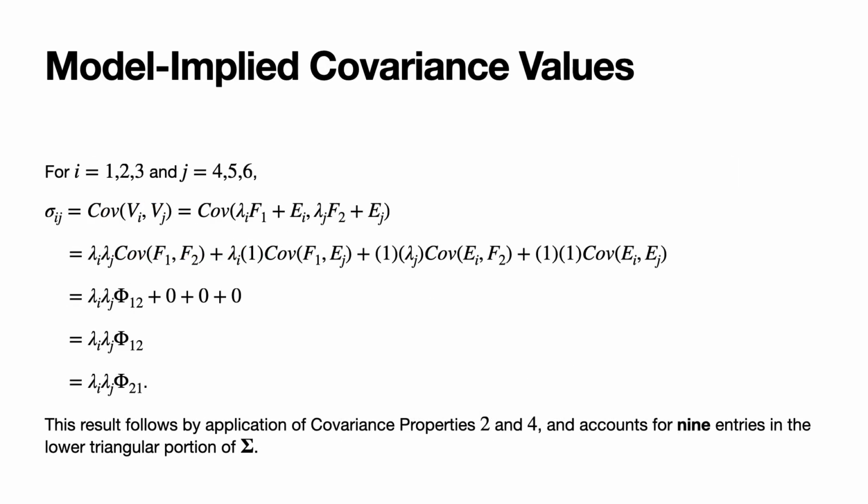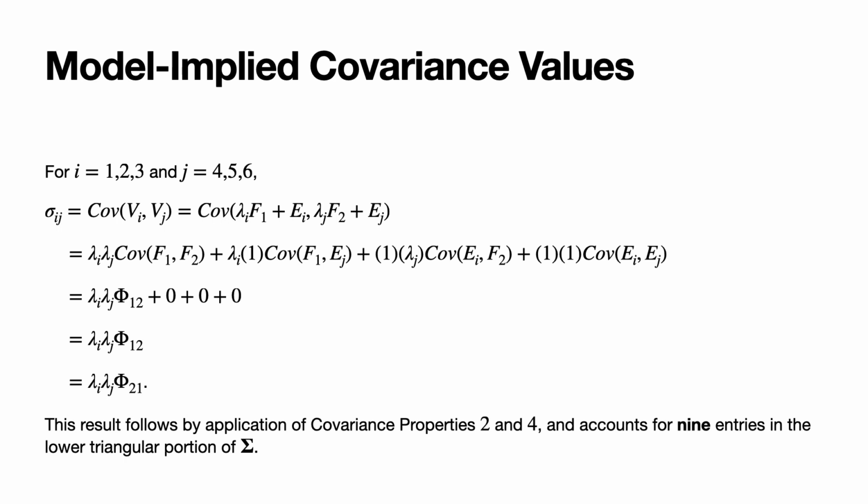Next, let's consider i going from 1 to 3 and j going from 4 to 6. So in this case, sigma sub ij is equal to the covariance of v sub i and v sub j, which turns out to be equal to the covariance of lambda sub i times f1 plus e sub i with lambda sub j times f2 plus e sub j.